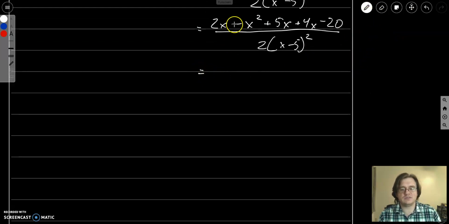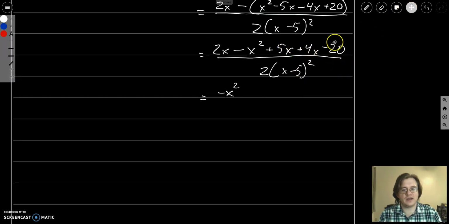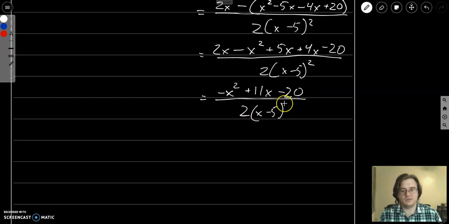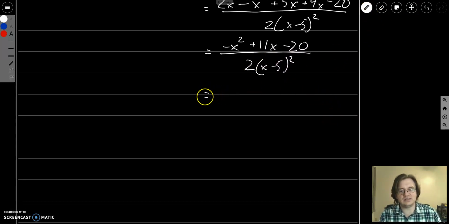Can combine like terms. I only have one term with an x squared in it. I have 2x, 5x, and 4x. So this adds up to 11x. And the negative 20 at the end. So, what I'm going to do here, which is certainly not necessary, but I like to personally do it, I like to make sure that the first term out here has a positive coefficient.